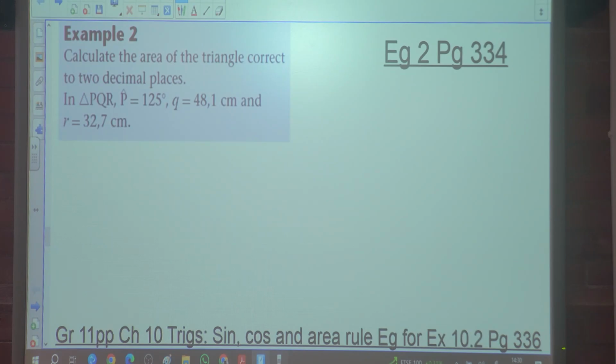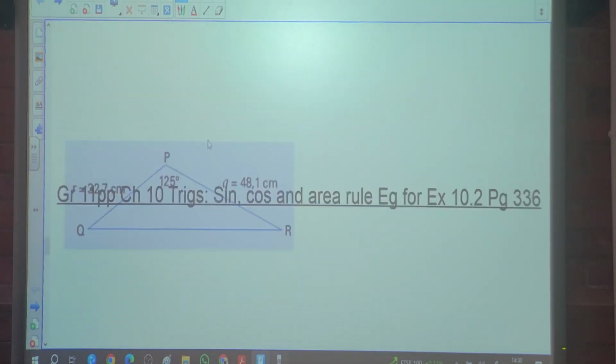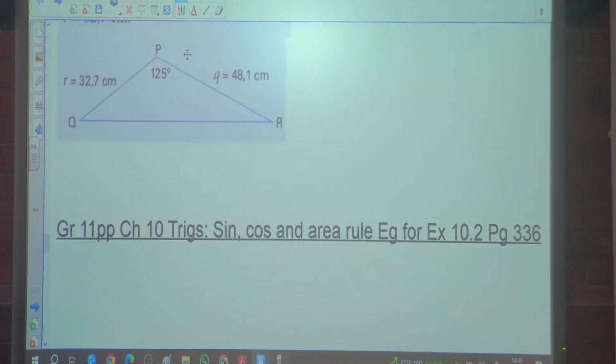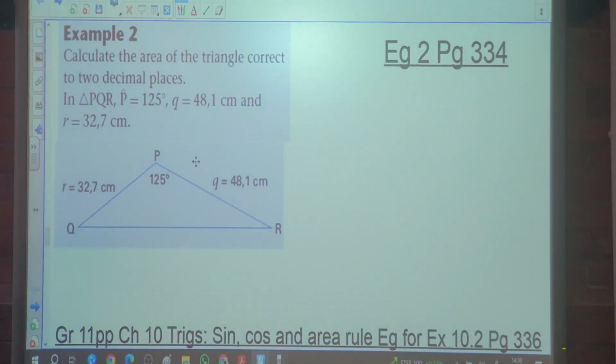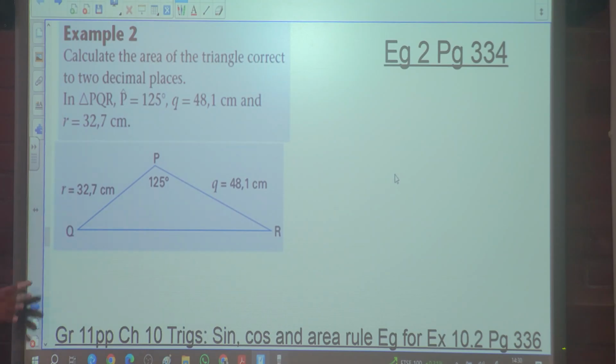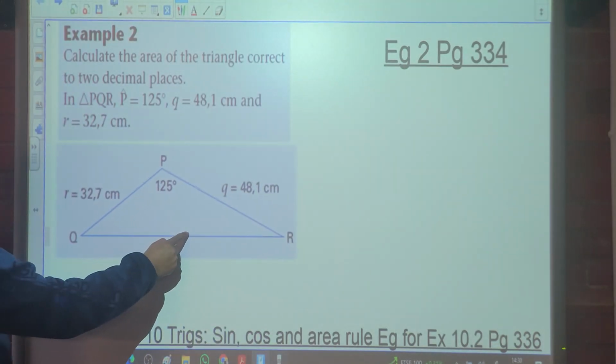Here the triangle is not given. Oh, I did not drag it up. The triangle is actually given. And if the triangle wasn't given, you have enough information to draw the triangle in here. Okay. Let's go.